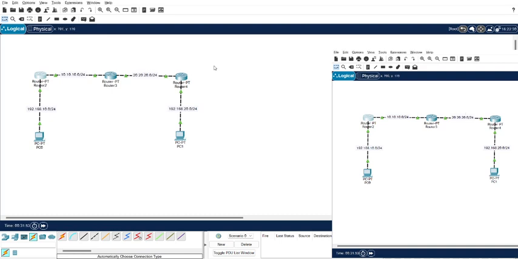Okay, after that, router number three. Now we go to router number three. This is router number two, so let's close it first.